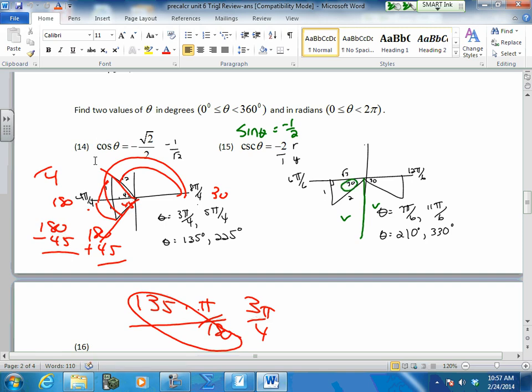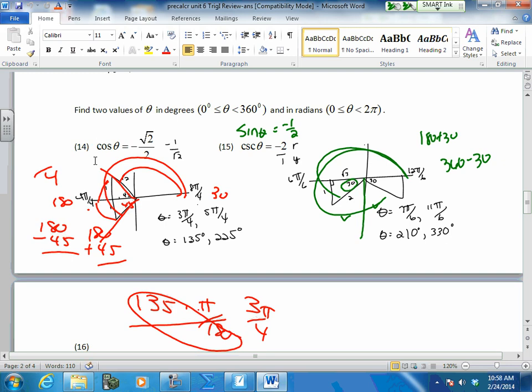So 30 goes into 180 6 times. 6 pi over 6, 12 pi over 6. And in terms of 180, it's 180 plus 30. And this guy is short of the 360. 360 minus 30. The sketches, I find, are the best way to understand your trig.